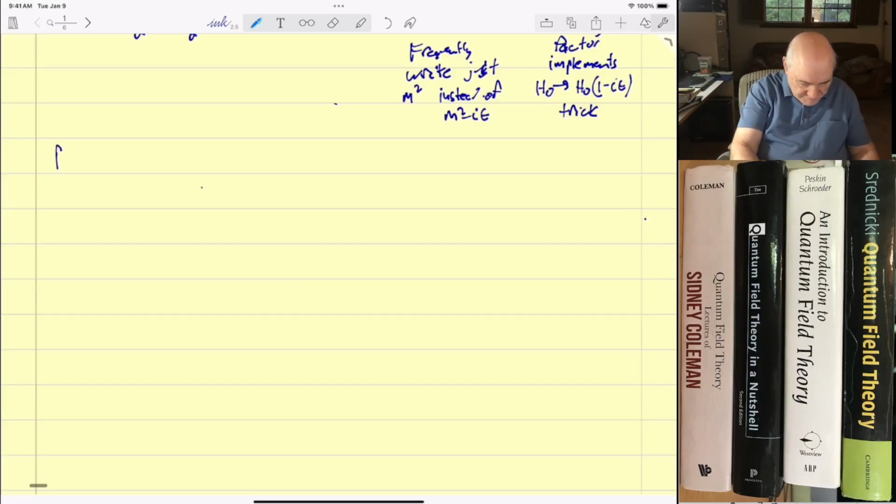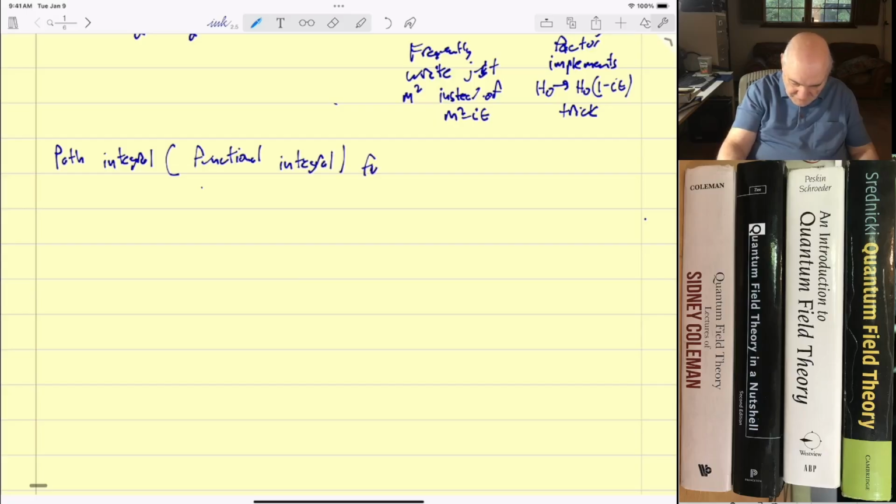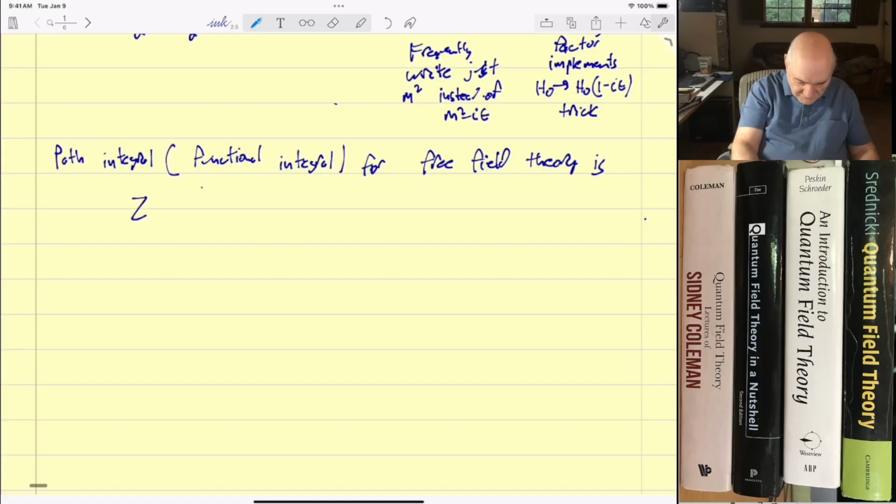So the path integral, which is also referred to as the functional integral, for free field theory is, we call it Z0 of J, and it's defined to be the vacuum to vacuum transition amplitude in the presence of a source.